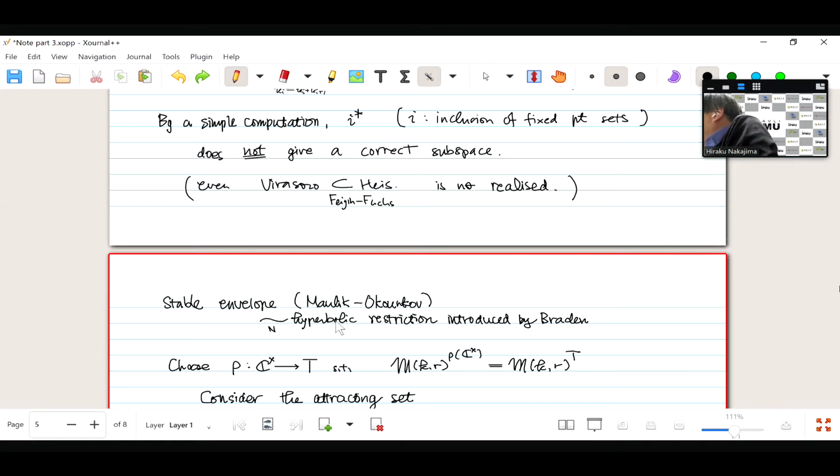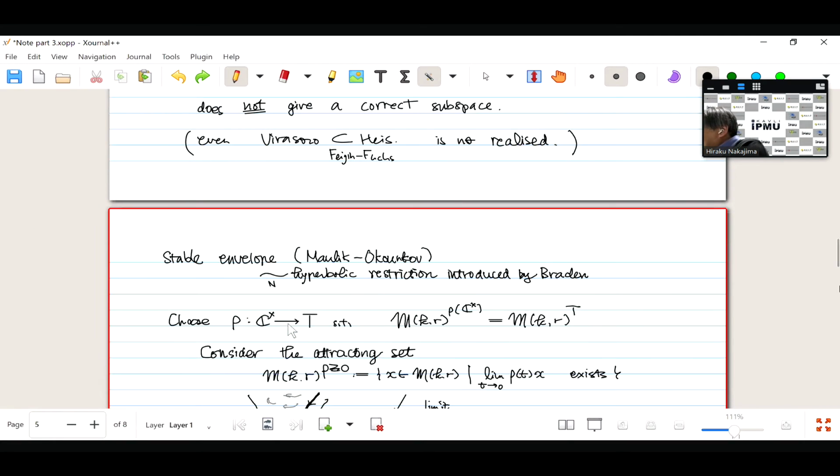So if you are interested in such tools in geometric representation theory, then please look at my note. So instead, I just briefly explain what kind of construction it is. Of course, in order to give the precise detail, I need to prepare lots of things, so I really just sketch the construction.